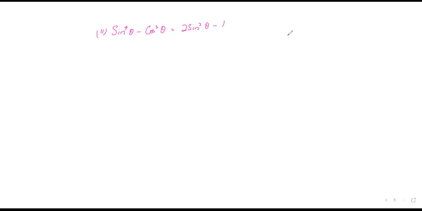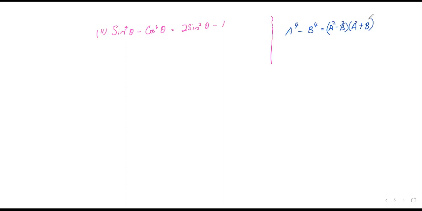This is again a difference of two squares, where I have a to the exponent 4 minus b to the exponent 4. If I factorize that, it's going to be a squared minus b squared into a squared plus b squared.